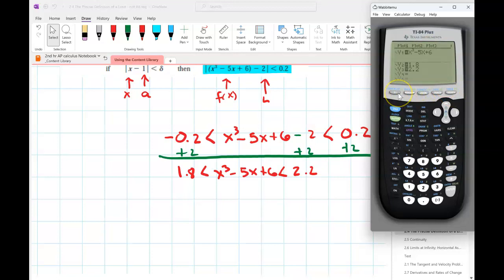Why didn't I graph both of them? Oh, that's why. That should be a 3. 2.2 is bigger than 2. That's why you couldn't see the other one.